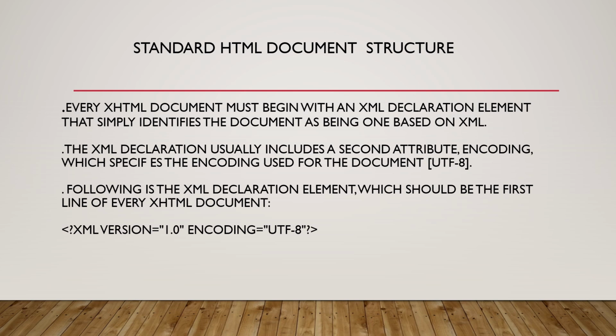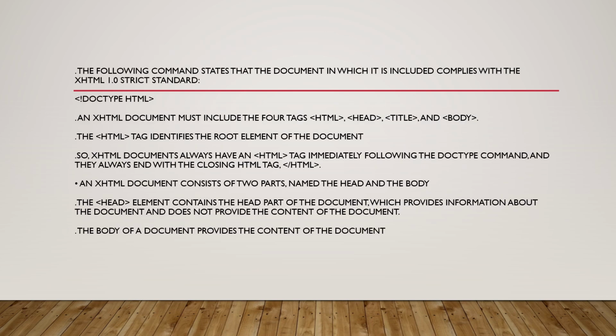And we are going to write the following command, which states that the document in which it is included complies with the XHTML doctype HTML. It tells the version of HTML. An XHTML document must include the 4 tags: html, head, title, and body.